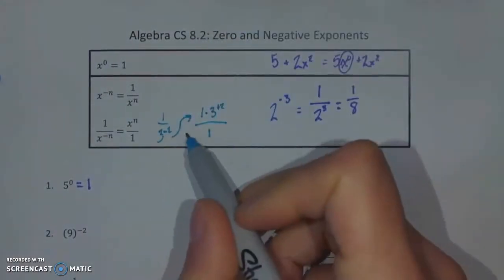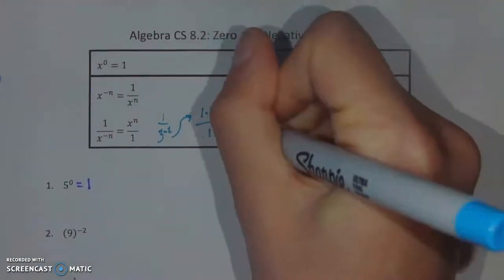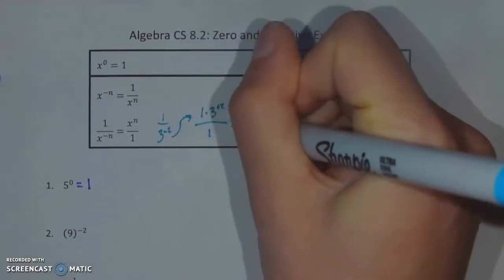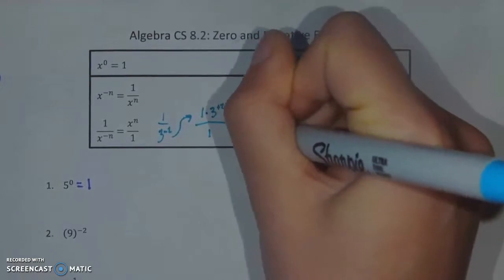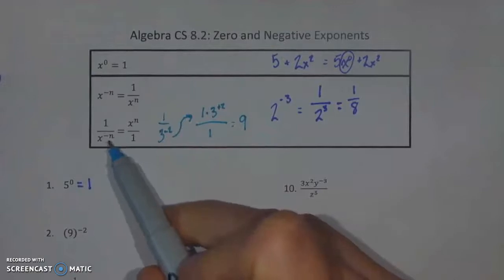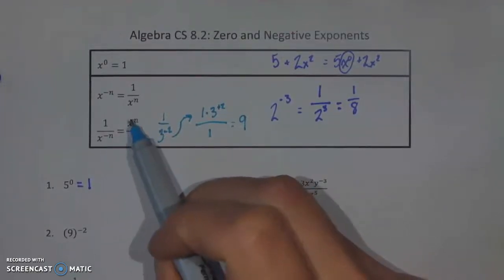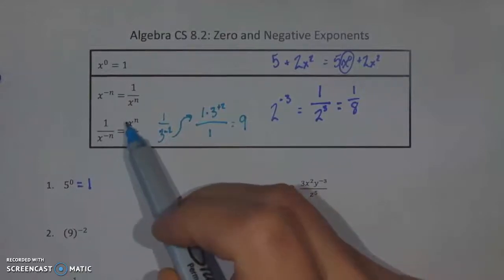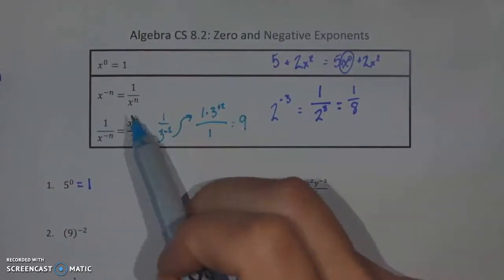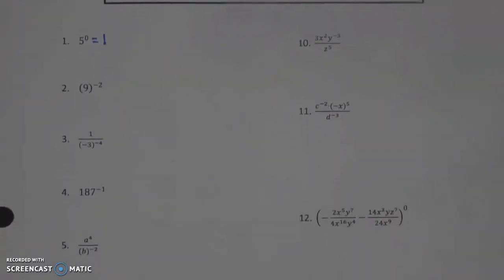As soon as you move it, you're going to lose that negative. That changes it to its positive, and we'd get 3 to the second, or 3 squared, which is 9. 3 times 3. So see how this negative is just switching its position. And you gotta watch out that you lose the negative when you bring it up to the top or down to the bottom. So let's try out a few of these with these rules and see how they feel.